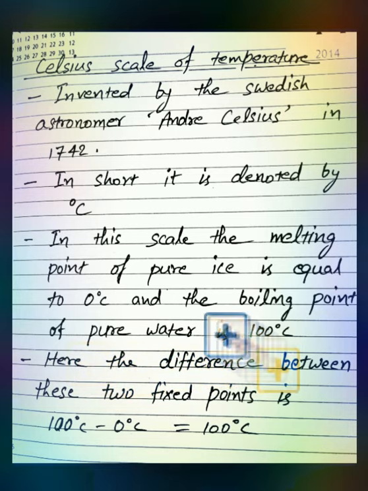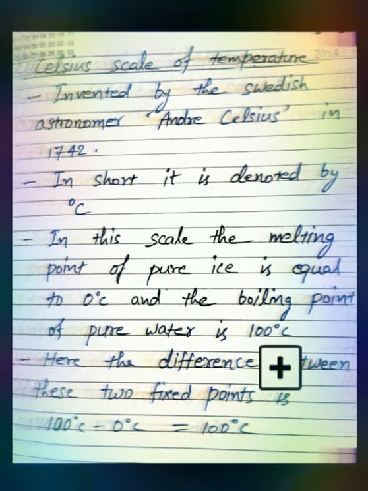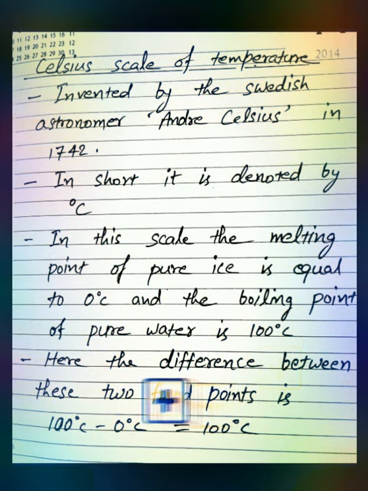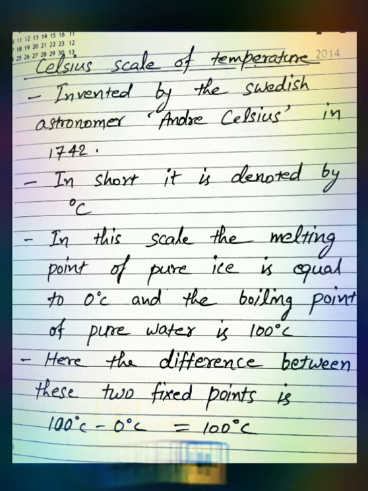So the lower fixed point is 0 degree Celsius and the upper fixed point is 100 degree Celsius. And the difference between these two fixed points is 100 minus 0, which is equal to 100 degree Celsius.